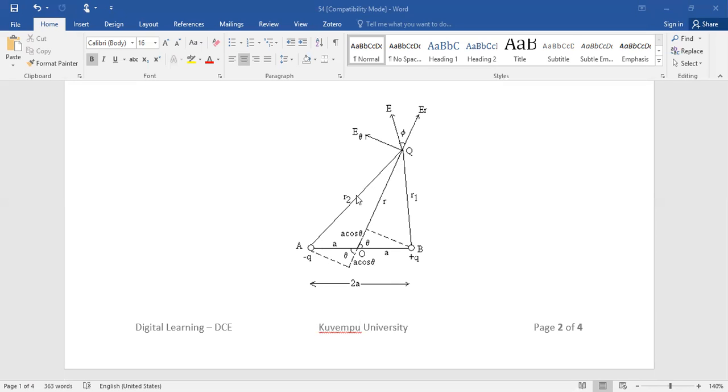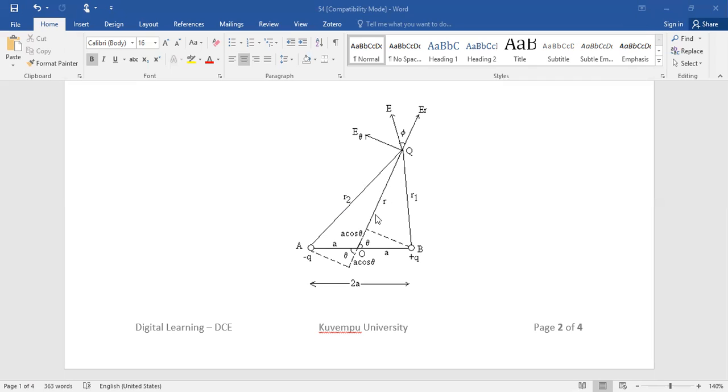Here, this is the R2 distance. From Q up to this point, we have extended the line and drawn a perpendicular, and this distance is also equal to R2.